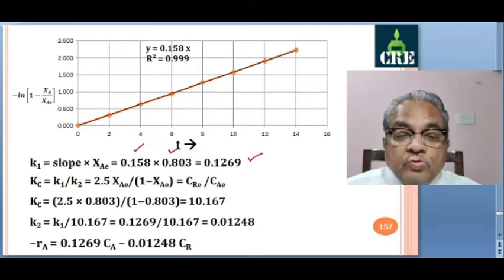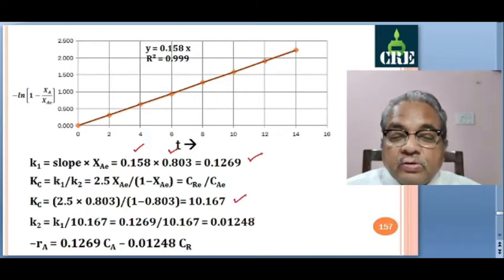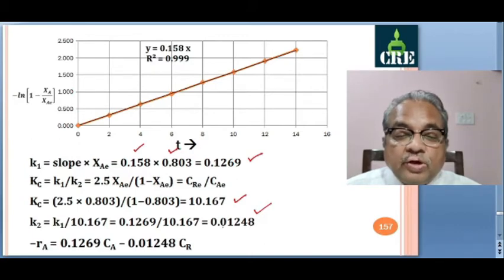So 2.5 into XAE, XAE is 0.803, divided by 1 minus 0.803. This comes out to be 10.167. So k1 by k2 is known. From that we can find k2 as k1 divided by 10.167. If we substitute the value of k1 as 0.1269, we get 0.01248. So we know k1, we know k2.